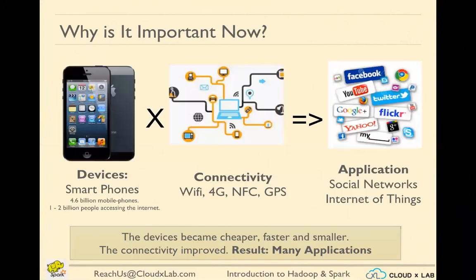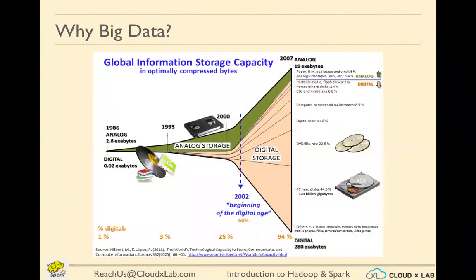The answer is multifold. The answer is devices and connectivity. The heart of the problem of data is being able to generate that amount of data. In 2002, the data started growing more and more. Why?